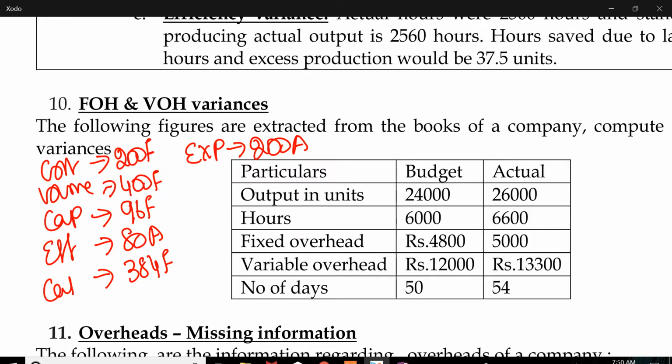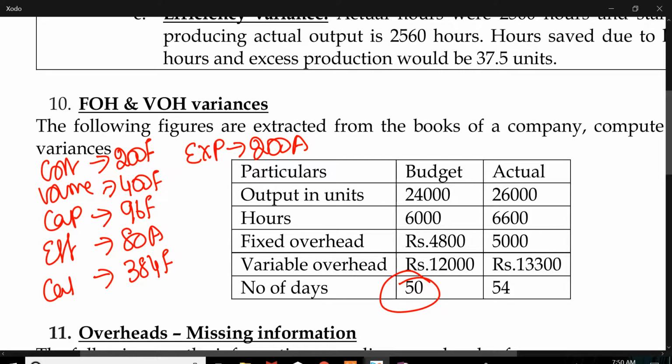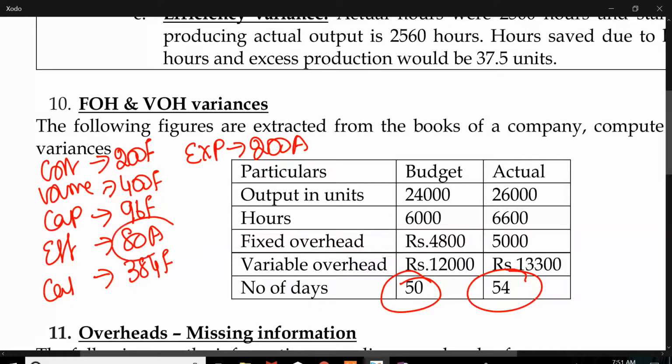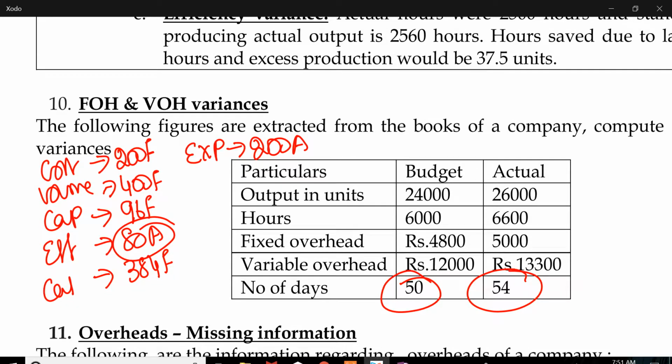Next, the company wanted to work for 50 days, whereas it has worked for 54 days. Because of this, the company could increase its production, and this led to a favorable calendar variance. However, these improvements could not fully translate into volume variance because the workers were inefficient. The inefficiency of the workers has cost the company XYZ units, leading to an adverse variance of 80. This is what is critical now.